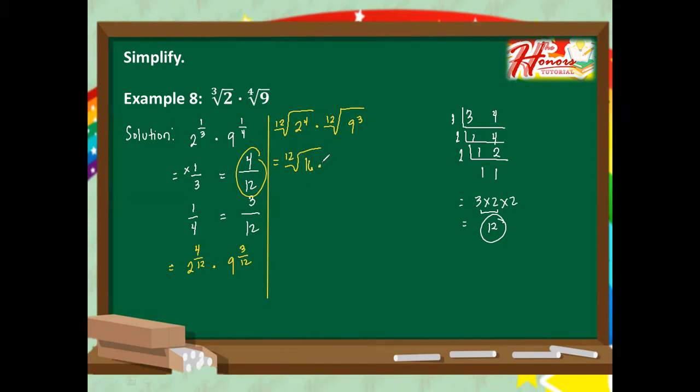And then we have here 9 raised to 3. So 9 raised to 3, that is equal to 729. And then let's multiply it. So 12th root of 16 times 729 is equal to 11,664.